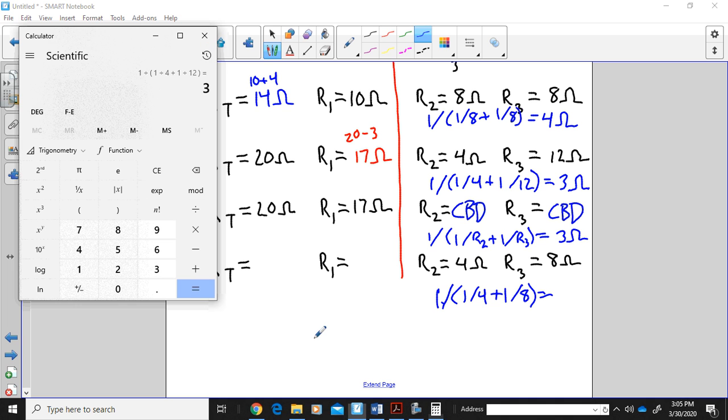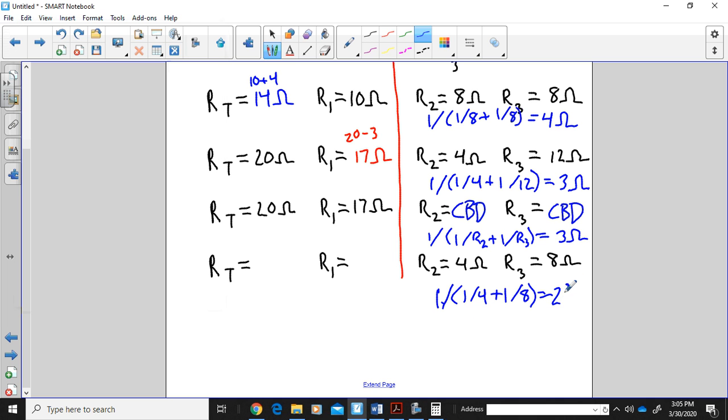Call the calculator. 1 divided by parentheses, 1 divided by 4 plus 1 divided by 8, close parentheses, equals, it's not pretty, 2 and 2/3, make it a fraction, ohms. Alright, if I was to round, 2.67 ohms.